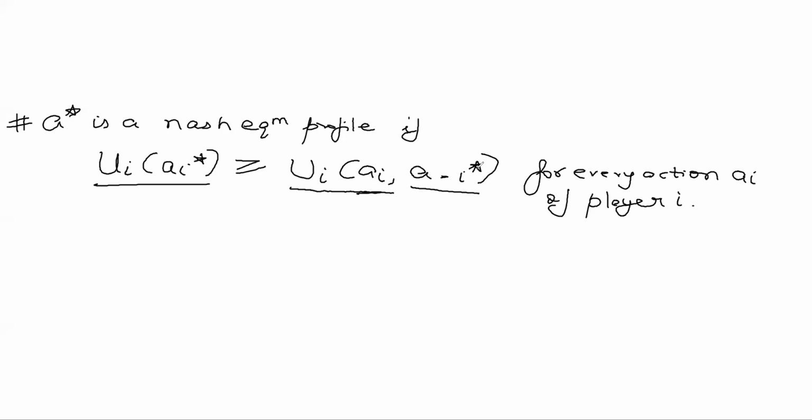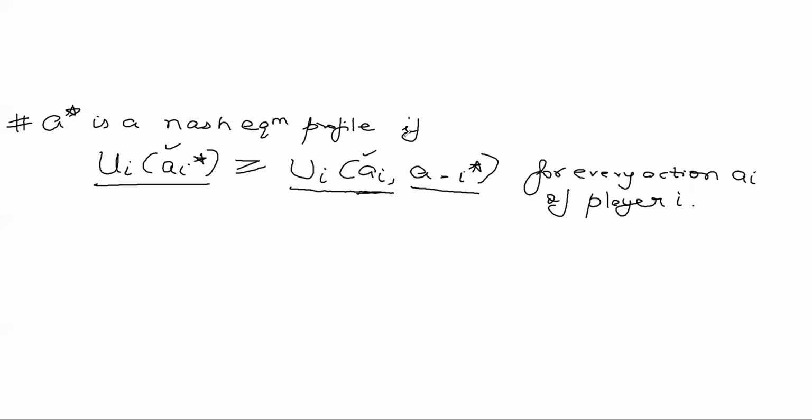It means when all other players are playing their Nash equilibrium profile, if I am the ith player, then the utility I get from ai star will be more than the utility I get from ai, where ai is some random action other than the Nash equilibrium.